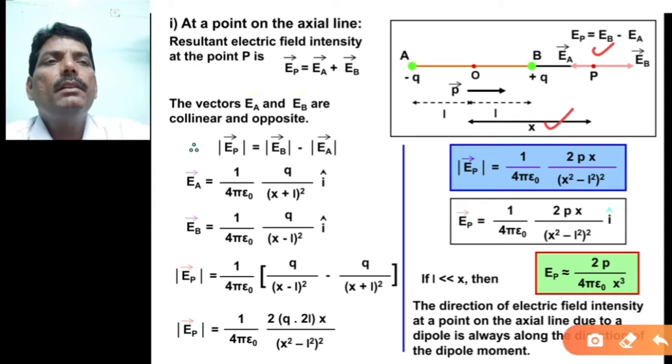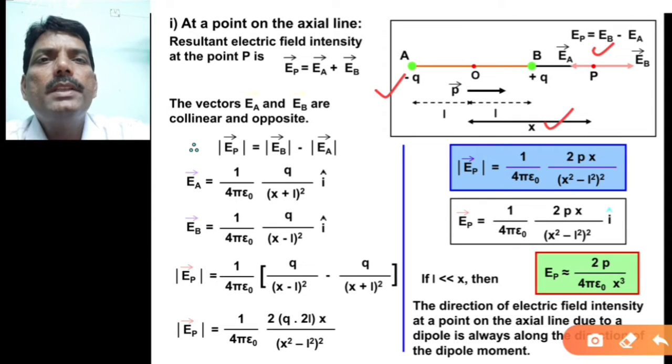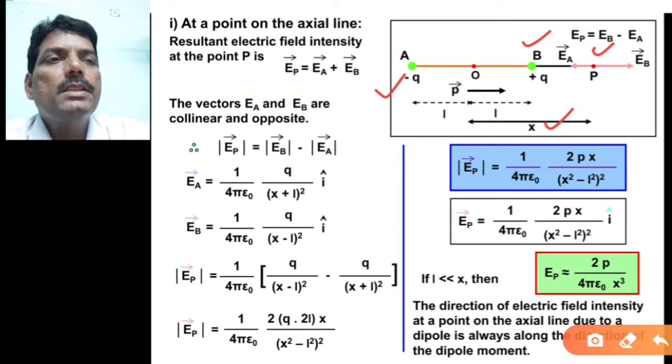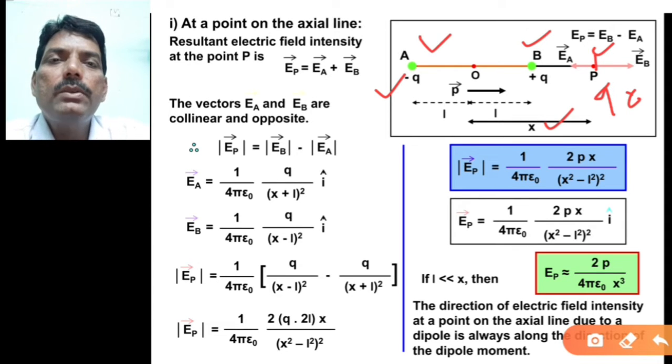Now you can see here the charge minus q is here and plus q is here, or you can say the plus q charge is near to point P, that means your test charge here at this point P, and the negative charge is a little bit away from this one.